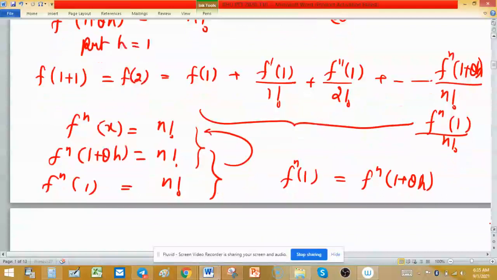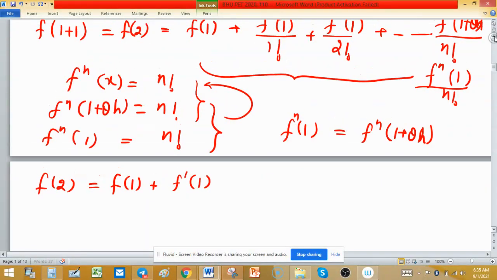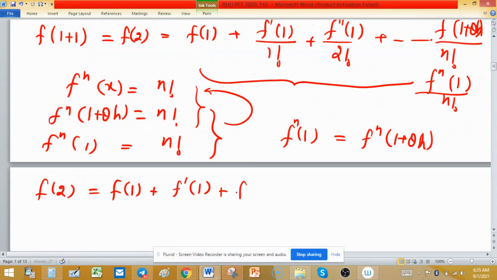So I'm going to use this one. So f(2) equal to f(1) plus f'(1) upon 1 factorial, there is no need to write 1 factorial because it is the same as 1, plus f''(1)/2! plus and so on up to f^(n)(1)/n!.